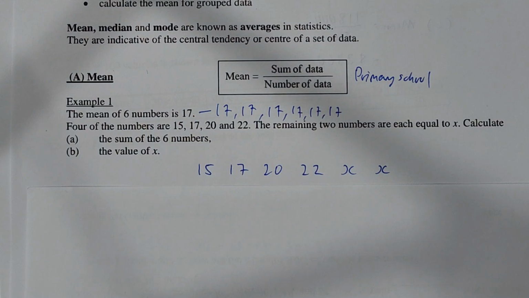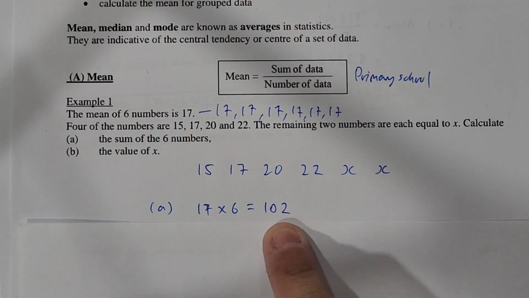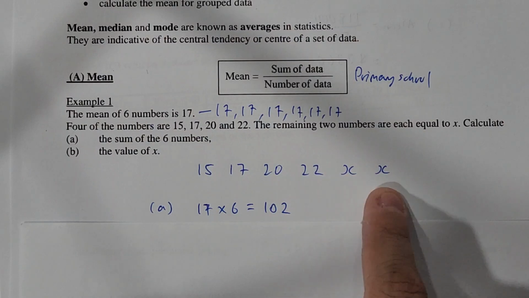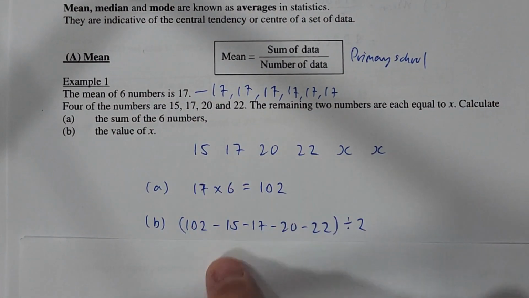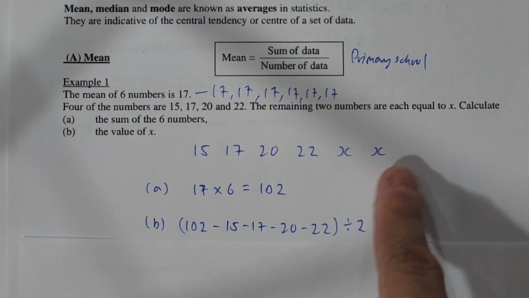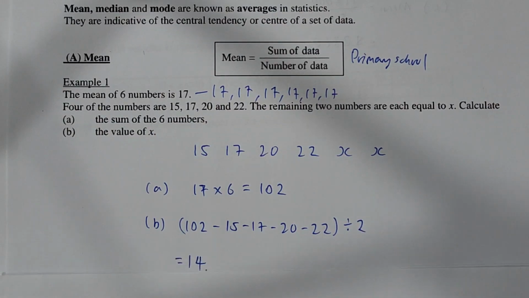So to find the sum of the 6 numbers, 17 times 6 gives 102. If I know the sum of all 6 numbers is 102, finding x is very simple. I just subtract away the 4 numbers and divide by 2, to get my answer 14. Clear?